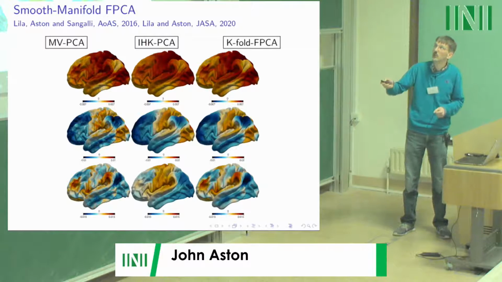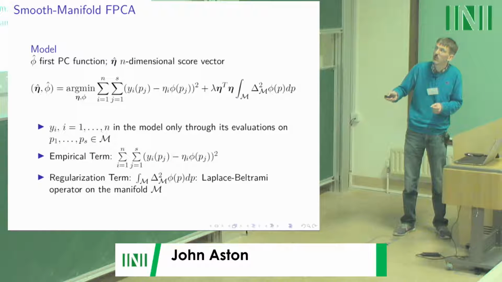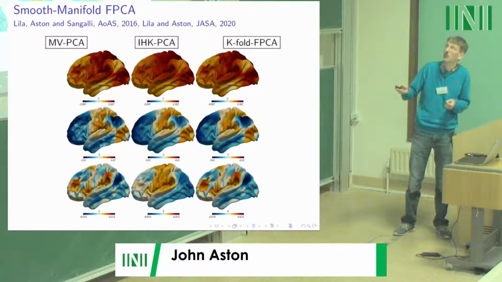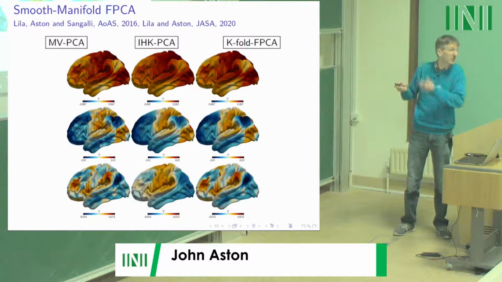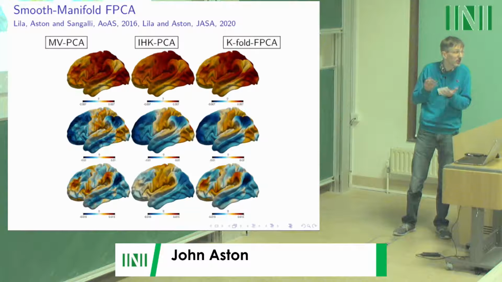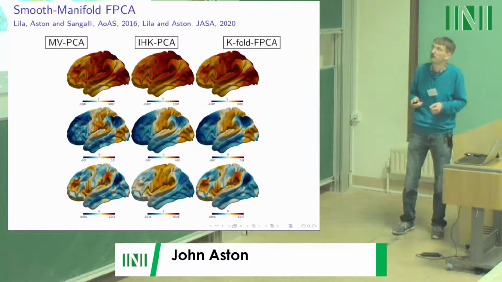That's equivalent to applying some kind of smoothing operator on my surface to my data before I start, and then solving principal component analysis in exactly the same way. This one is solving that optimization function using k-fold cross-validation to regulate the amount of smoothing and the amount of PCA that you do at the same time.